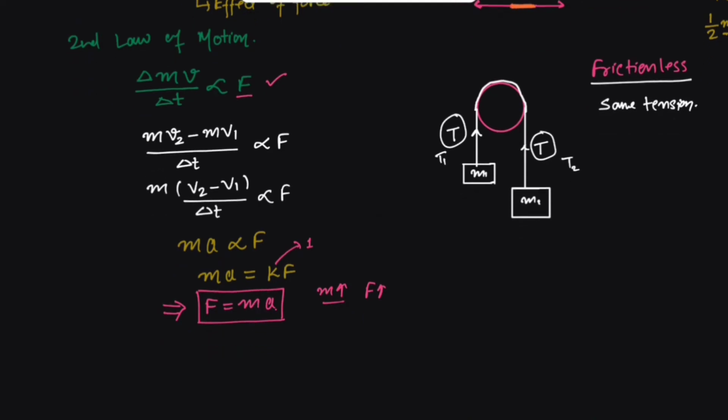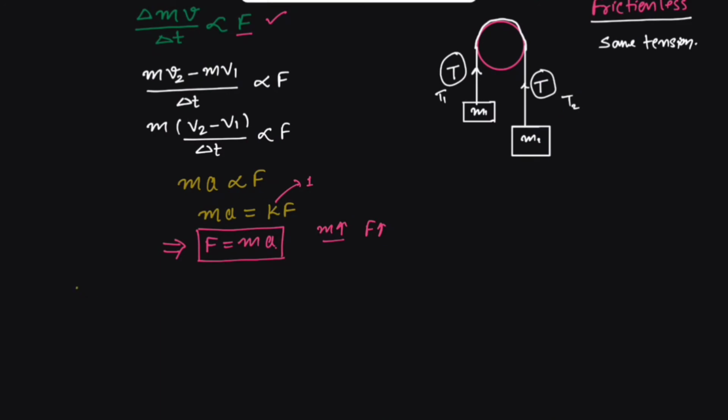Third law. Newton's third law is often called action-reaction, the law of action and reaction. So it says force cannot be applied in isolation. When you apply a force, you also feel the force. It is not like you apply a force and you feel nothing. So every force has a reaction.